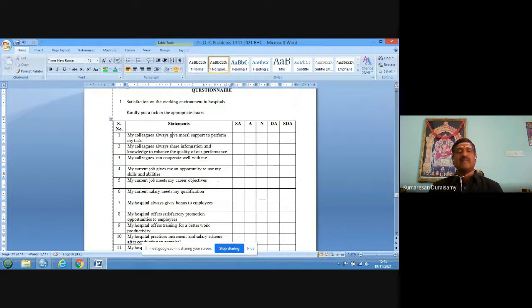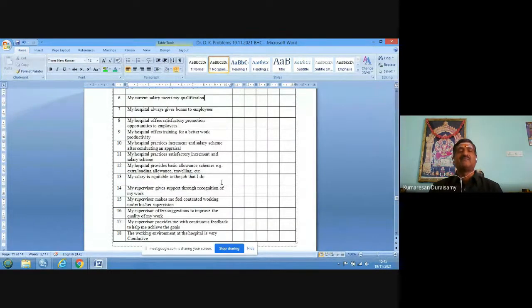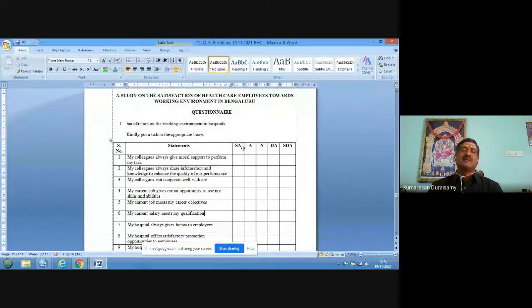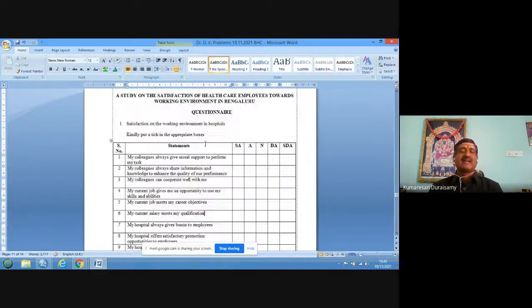My current job meets my career objectives. My current salary meets my qualification. Like that, 18 statements are given. And the employees were asked to rate these statements as their level of agreement: strongly agree, agree, neutral, disagree, and strongly disagree. See here, all the statements are taken together.